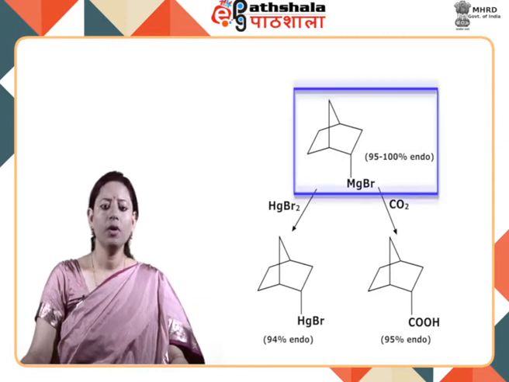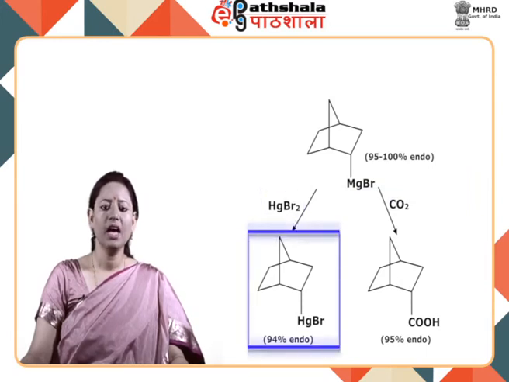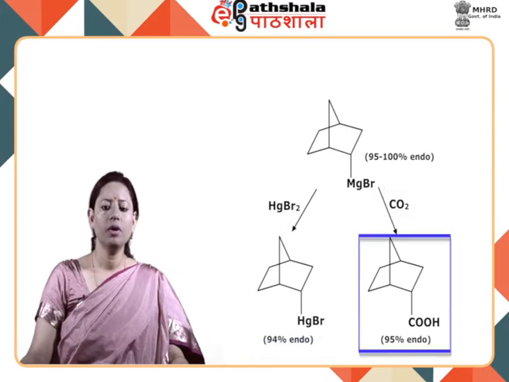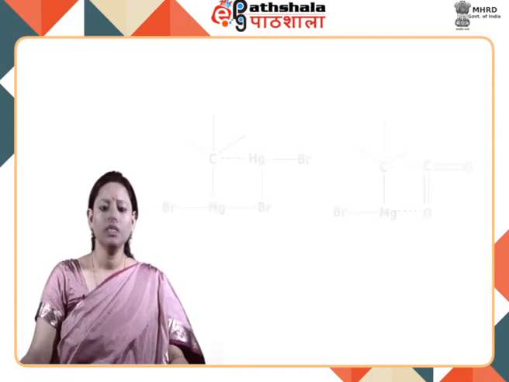So, norbornyl magnesium bromide, which is 95 to 100% endo form, reacts with mercuric bromide to give 94% endo form and with carbon dioxide to form a carboxylic derivative again in 95% endo form. The reactions were proposed to proceed through the four-member cyclic transition state as shown here.